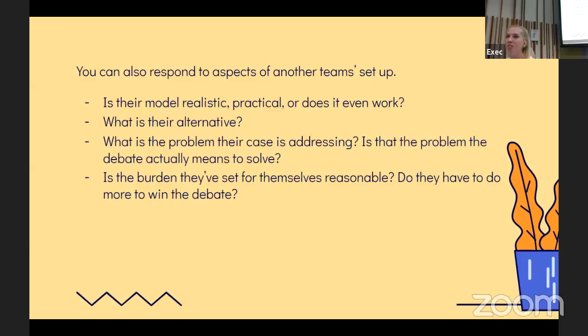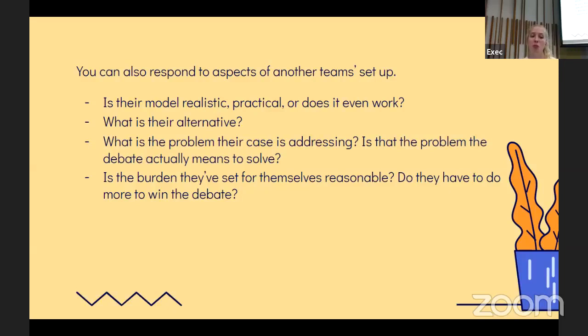If they haven't brought one, you should highlight that and highlight that the debate doesn't really work very well. But if they have brought an alternative, you could respond to why their alternative isn't better than the one that you're bringing, or why their model isn't realistic, practical, or doesn't really work.